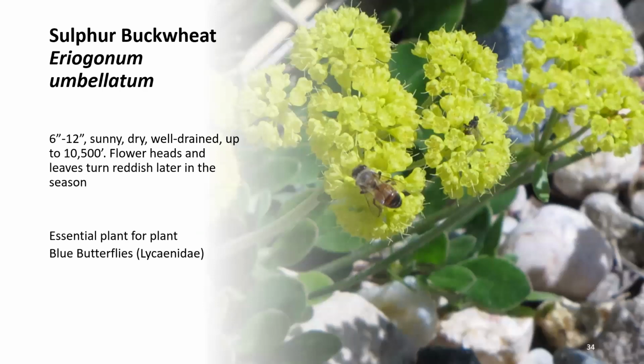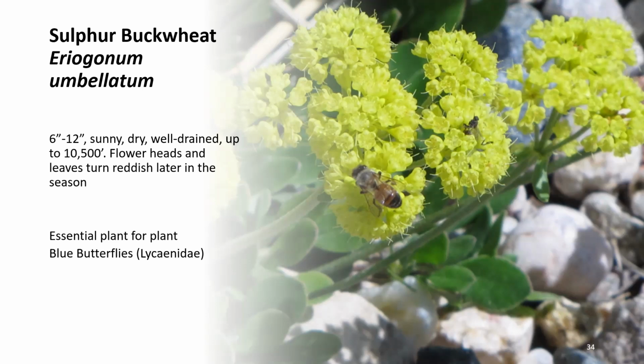The sulfur buckwheat, Eriogonum umbellatum, and there's actually also Eriogonum arcuatum, which we grow here in our nursery. These are 6 to 12 inches tall. They grow in sunny, dry, well-drained locations up to 10,500 feet. Flower heads and leaves turn reddish later in the season.